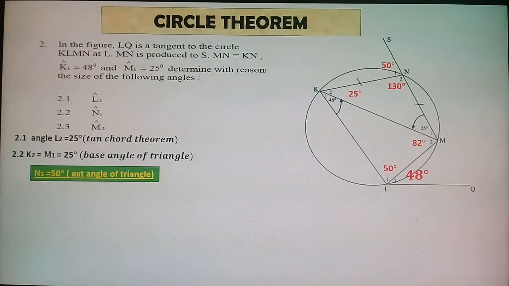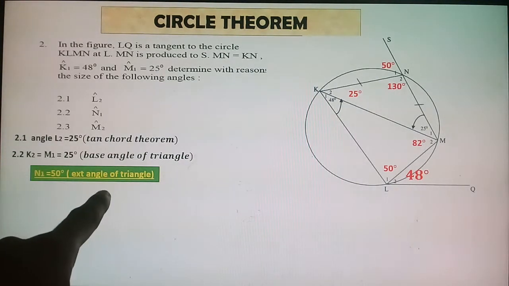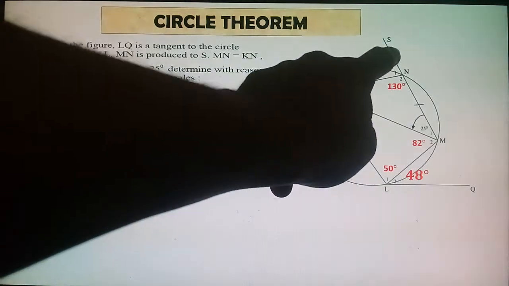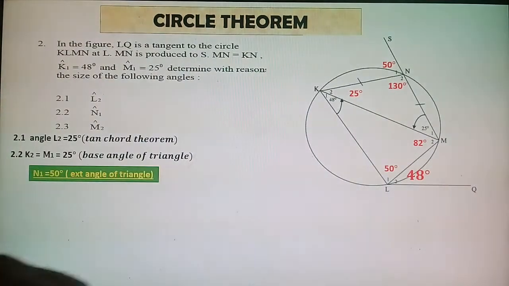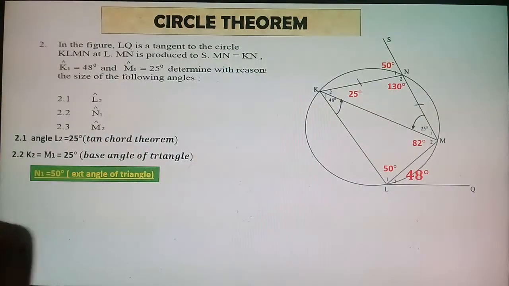It means N1 will be equal to 50 degrees. The reason for that is exterior angle of a triangle. If I add that 25 plus 25, I get 50. That's why N1 equals 50 degrees. Wow, how nice is mathematics.